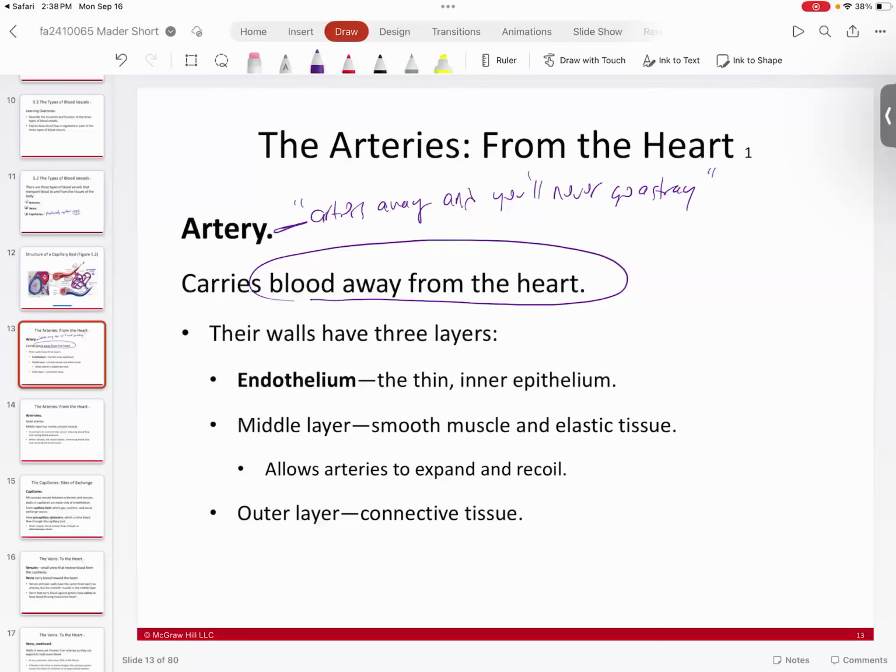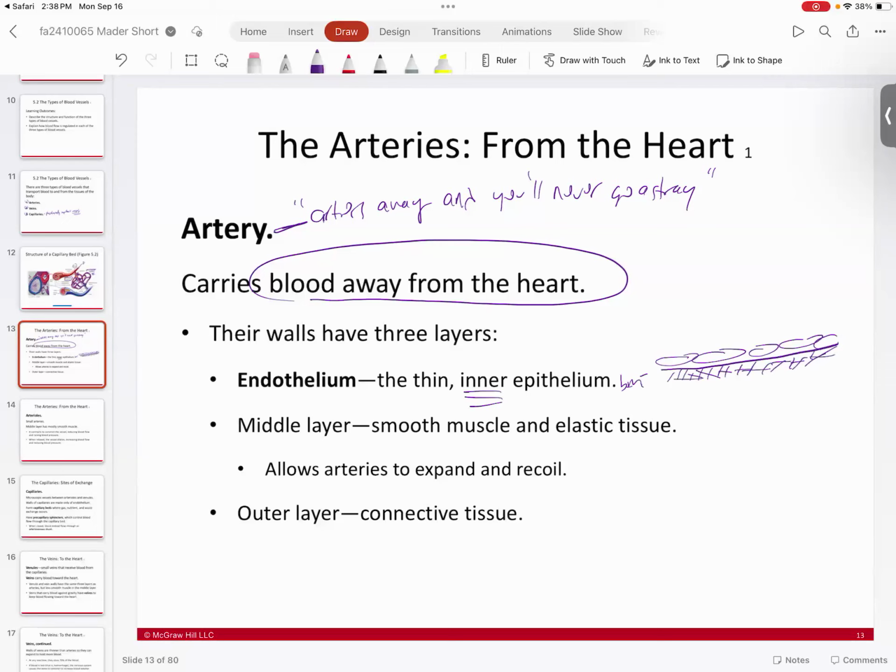They tend to have three main layers to their walls. The innermost layer is thin. It's endothelium, typically a single layer of simple squamous tissue on a basement membrane with a little bit of areolar connective tissue underneath.